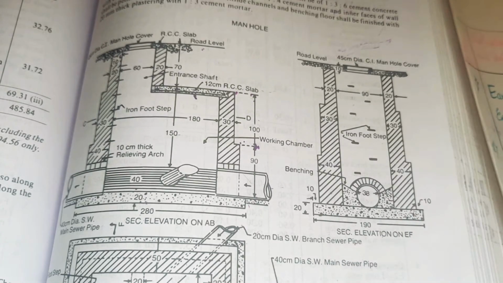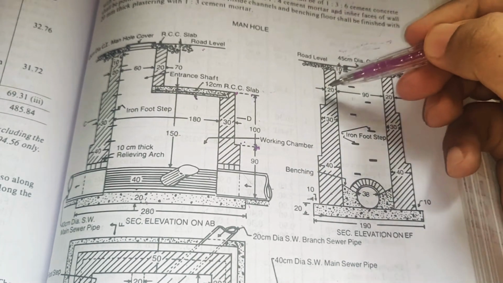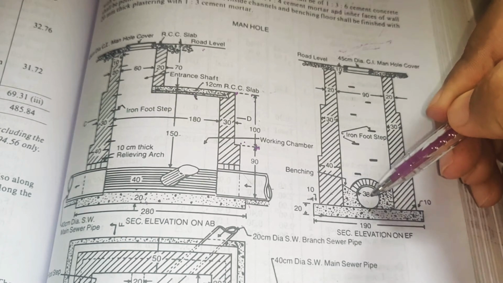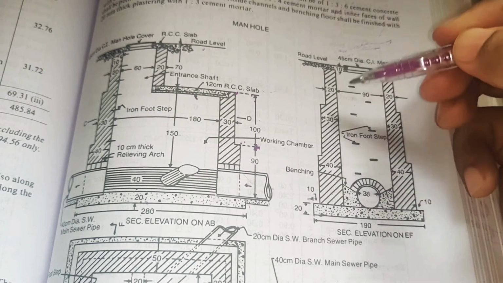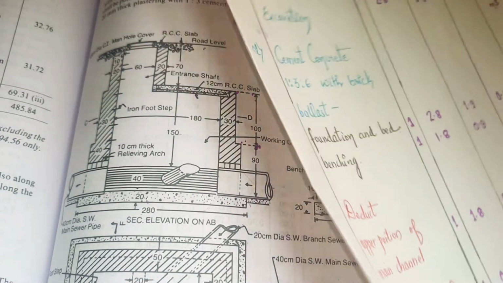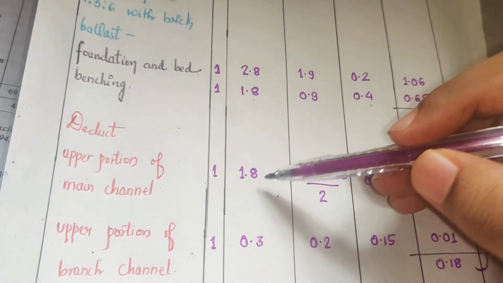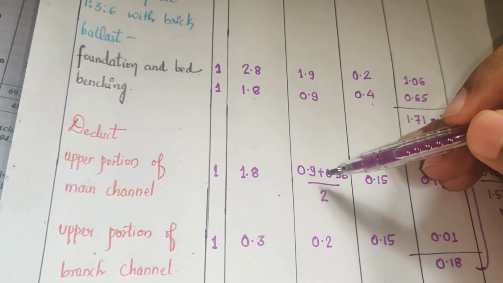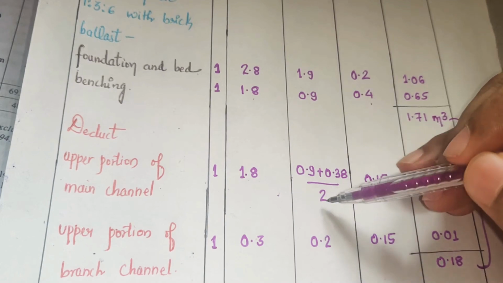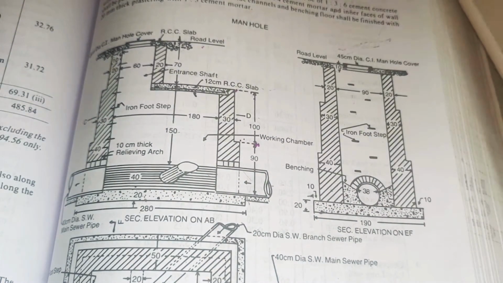To avoid all those calculations, we have taken the average of the inner width plus the inner diameter of the pipe, 0.9 plus 0.38, divided by 2, which is the width of deduction we have taken, the net deduction. So 1.8 length, hope you are clear with this. 0.9 plus 0.38 divided by 2 will be the width, and this depth is this depth.